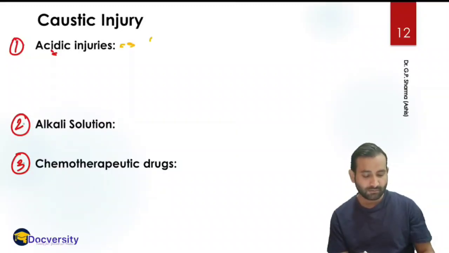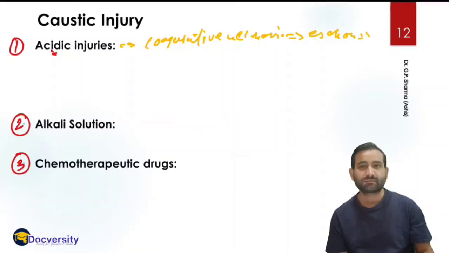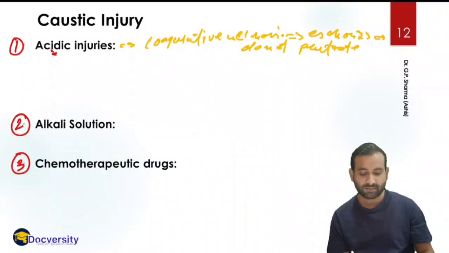Coagulative necrosis, so that they produce an eschar, a thick scar over the skin, so that they do not penetrate deeper. This is acid burn.